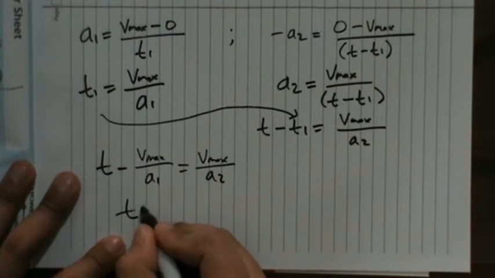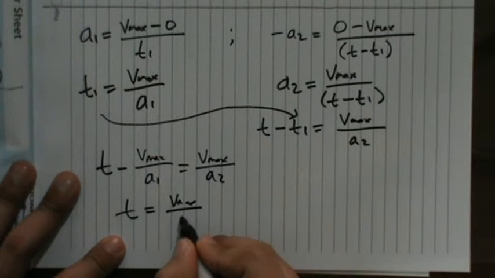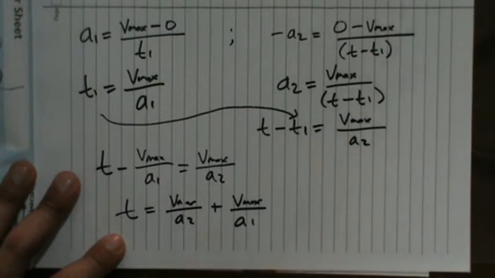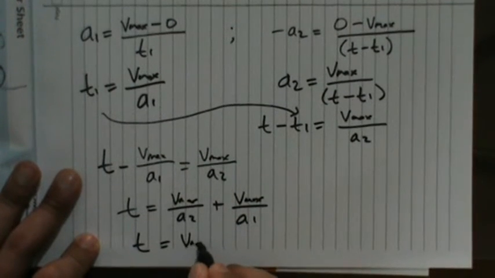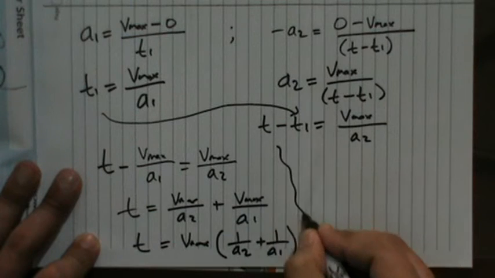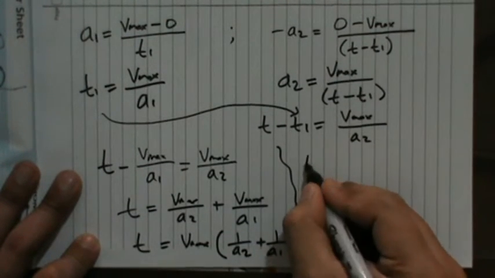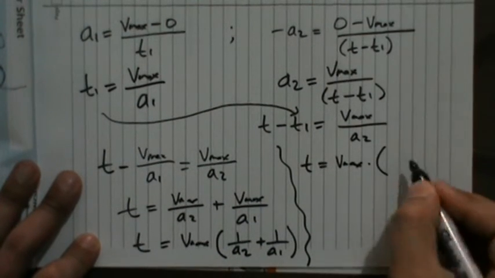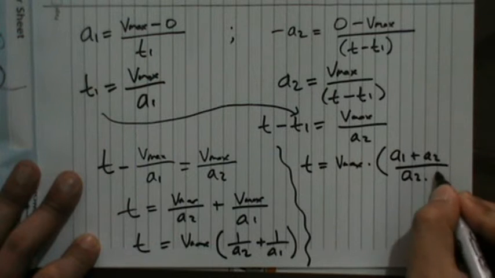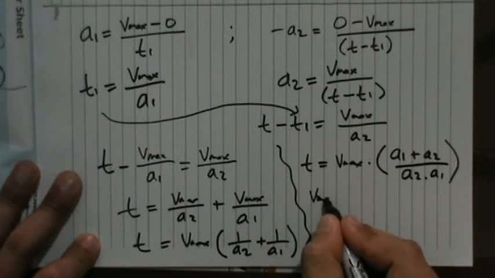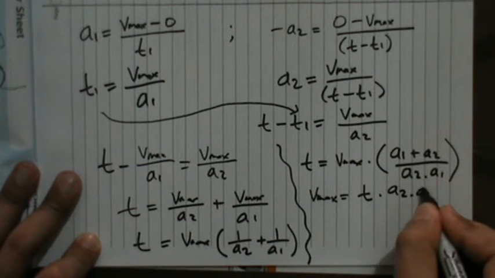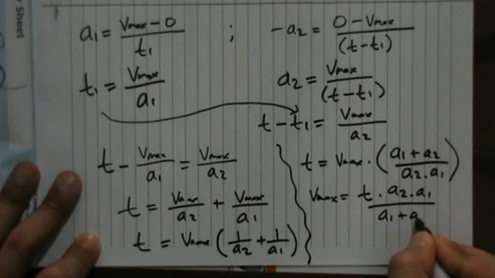So the t here is Vmax divided by a2 plus Vmax divided by a1, or t is Vmax times 1 over a2 plus 1 over a1, and t is equal to Vmax times a1 plus a2 over a2 a1, so that Vmax now is t times a2 a1 divided by a1 plus a2.